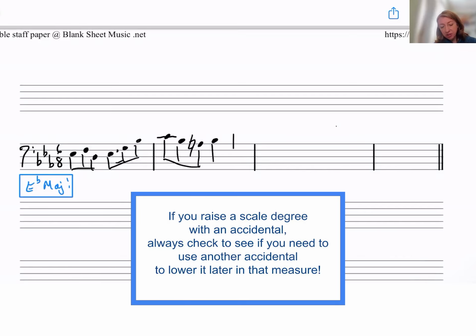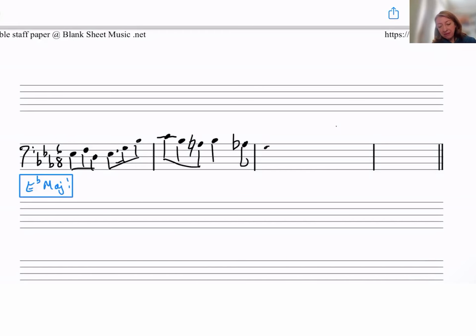We then step down to a lowered scale degree 4, and please remember you must put that accidental back on that pitch. It must be an A flat explicitly. In measure 3, we have a tonic arpeggiation, scale degrees 3, 5, 1, followed by a descending scale of 7, 6, 5.